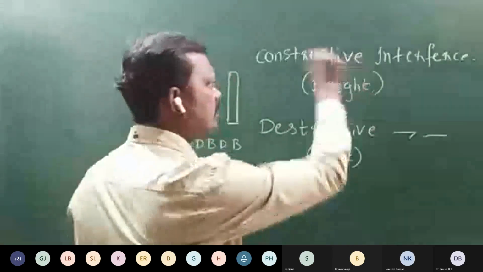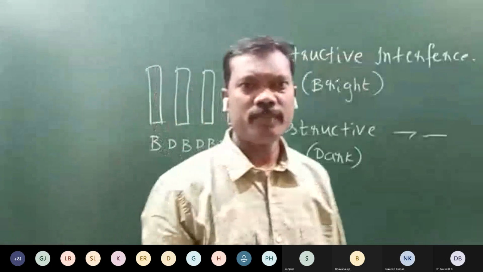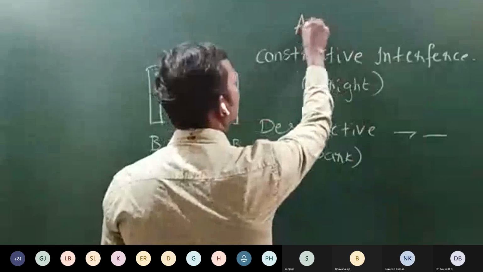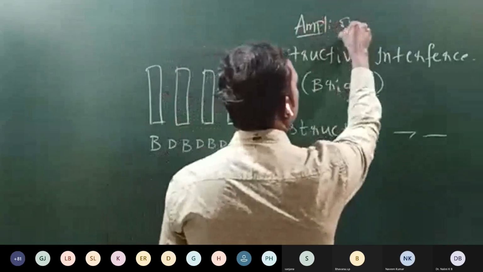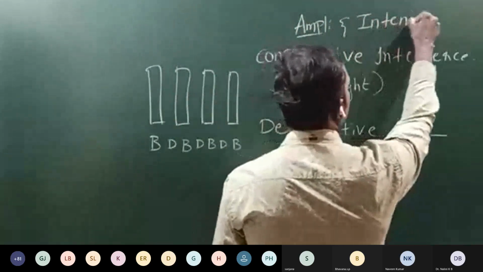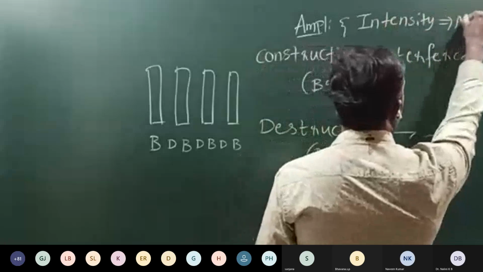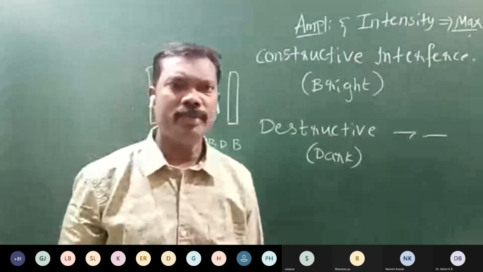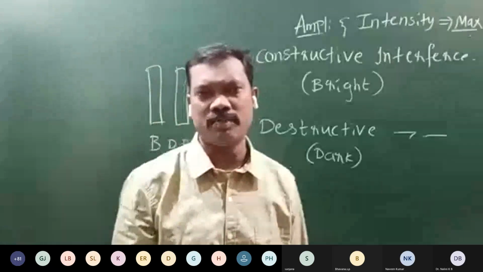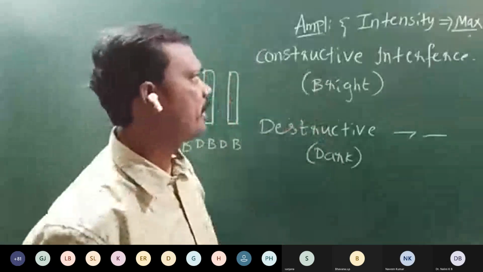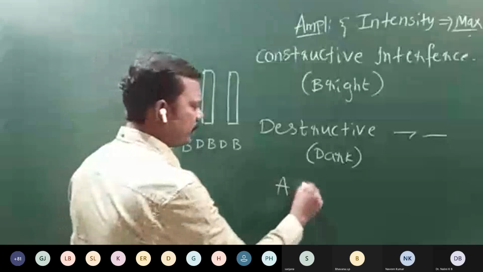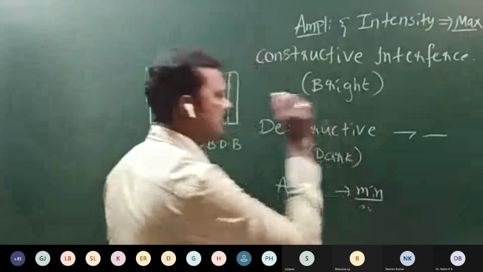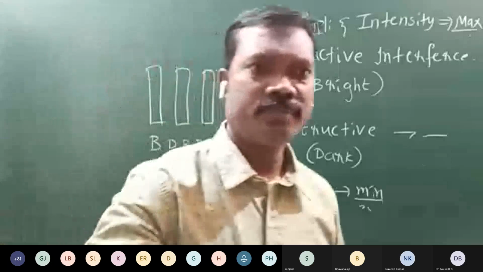Remember, the interference is called constructive interference if the amplitude and intensity are maximum. You should know this. If intensity is maximum, that means brightness is maximum, and that area becomes bright. If amplitude and intensity are minimum, then we get destructive interference.